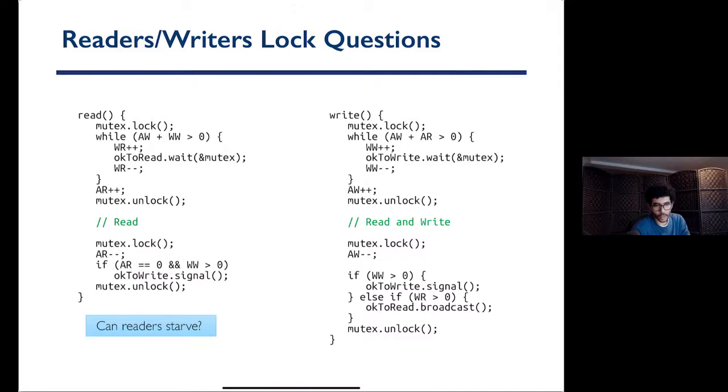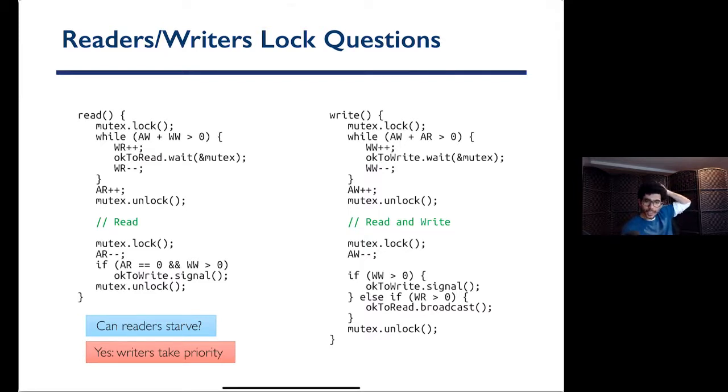Now let's ask another question. Under this implementation, do readers starve, or is it possible for readers to starve? The answer is yes. Unfortunately, this implementation, as we discussed, prioritizes the writers.